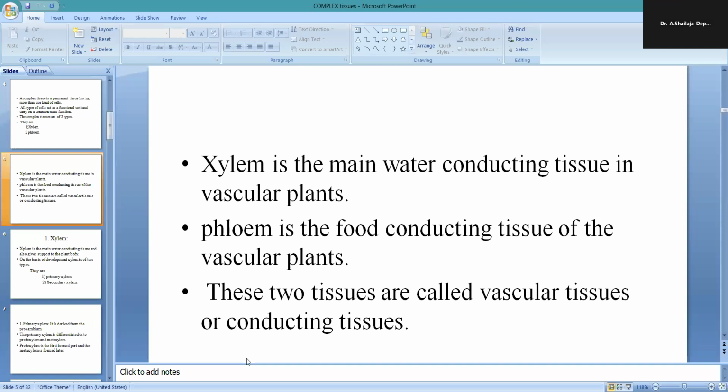Already we discussed this in the introduction class. These two tissues are called vascular tissues or conducting tissues. Xylem is water conducting tissue, phloem is food conducting tissue. So coming to the xylem: xylon means wood.